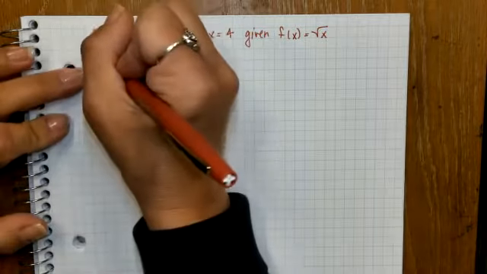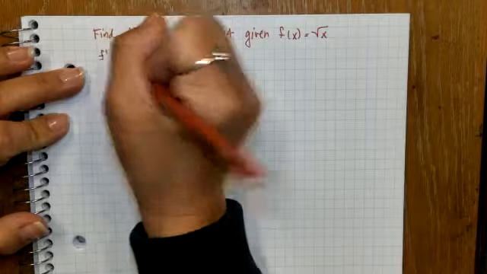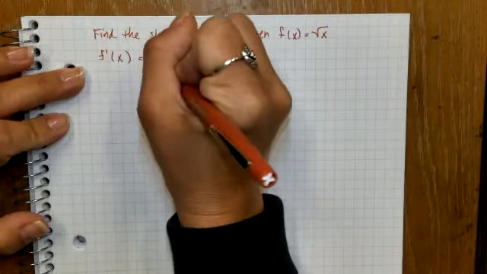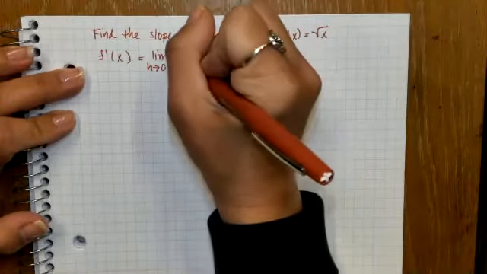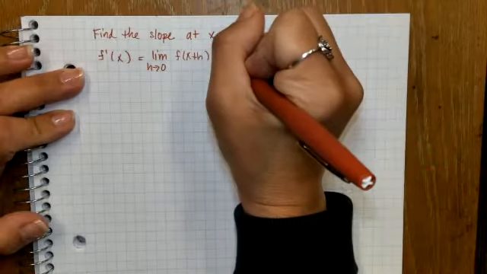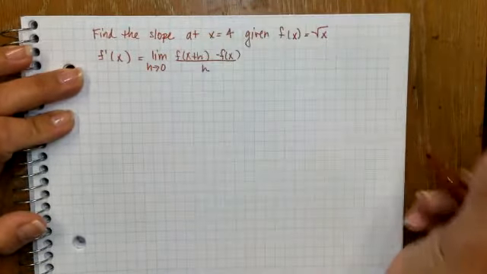Okay, so we got two options here. We have f prime of x is equal to the limit as h approaches 0 of f of x plus h minus f of x all over h.